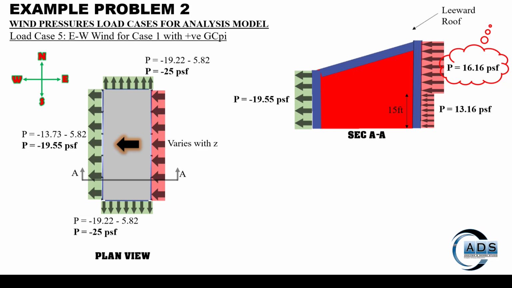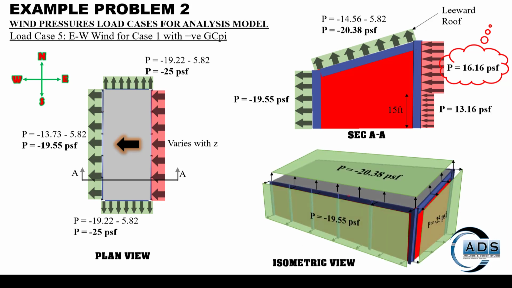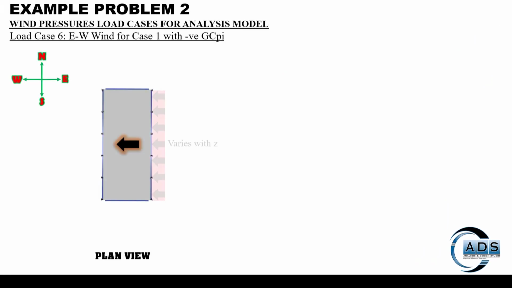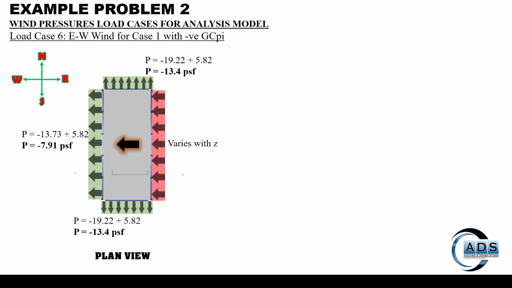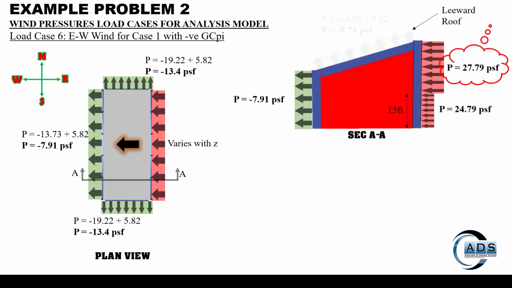Now this time roof is acting as a leeward roof, so leeward pressure is this, and we can see that in the isometric view the pressure looks like this. Similarly, for load case 6 with the negative GCPI, this is also the average value.